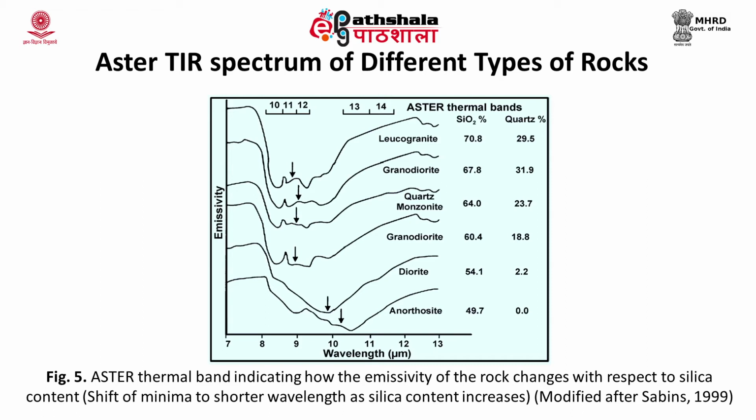So, till now we have been discussing the Landsat TM, Landsat MSS or ASTER images. These are multispectral images. In these images, several to tens of bands are present. So, we can get information for each individual spectral range, and from that we can get information about the mineralogical or rock composition.